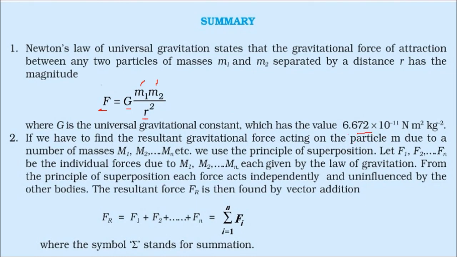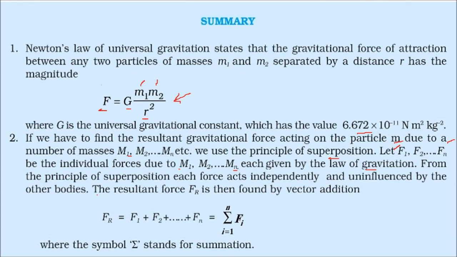If we have to find the resultant gravitational force acting on a particle, say m, due to a number of masses m1, m2, up to mn, we are going to use the principle of superposition. F1 to Fn are the individual forces acting due to m1, m2, mn, and each is given by the law of gravitation as you saw here.